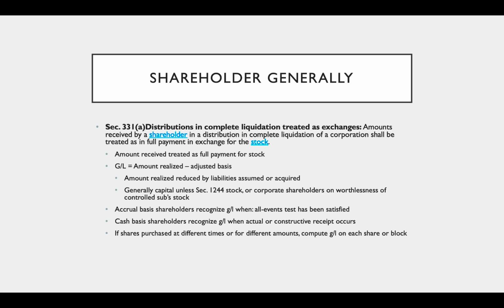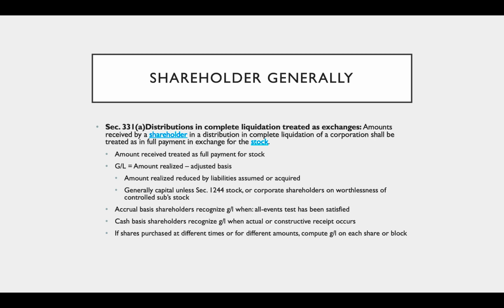The amount realized is going to be reduced by any liabilities assumed or acquired. If I get an asset and it is subject to a liability and I assume that liability, that's going to reduce my amount realized. And like I said, generally the gain or loss is going to be capital because the stock is a capital asset in my hands.